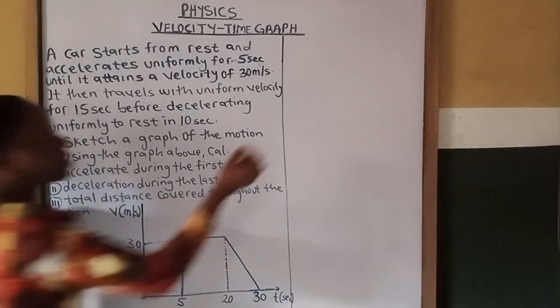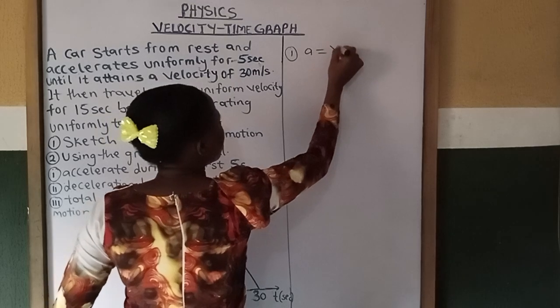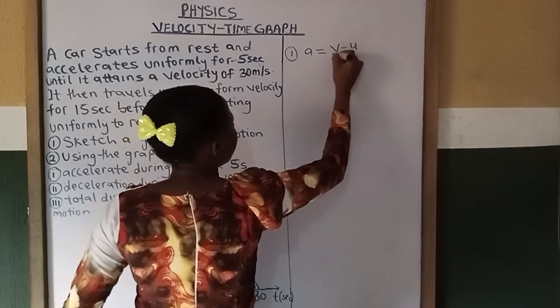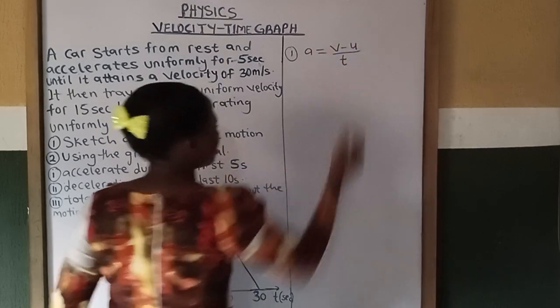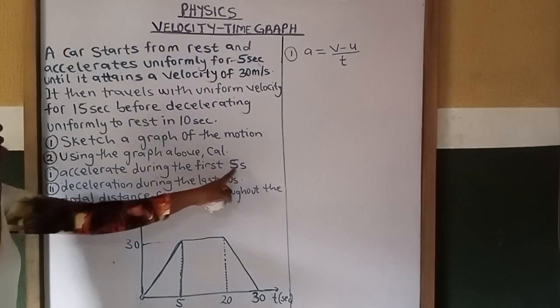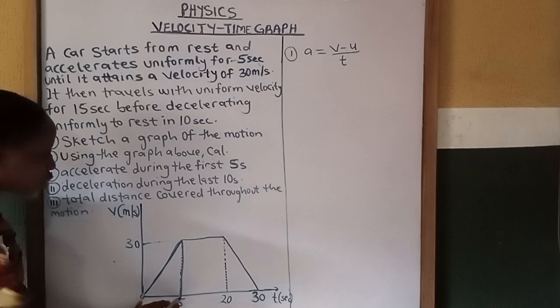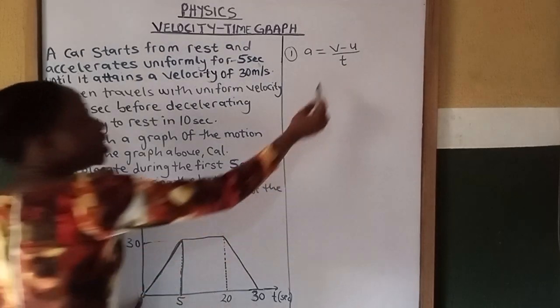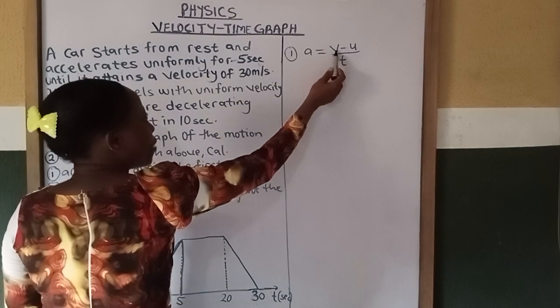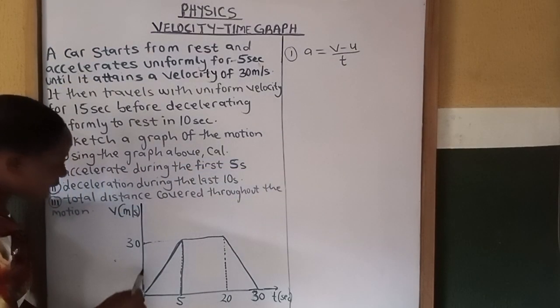Now, to calculate acceleration, we are going to use a equal to change in velocity divided by the time taken. That is the formula for calculating acceleration. V is our final velocity, so we come to the velocity axis.